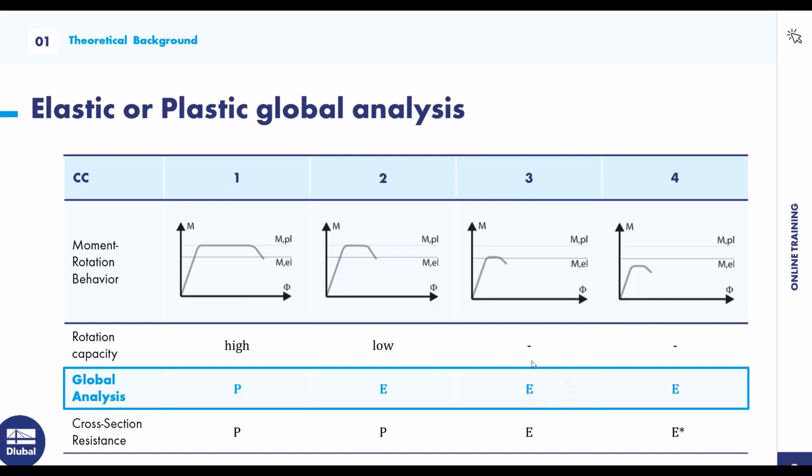Then cross-section classes 3 and 4 allow an elastic structure analysis, and the cross-sectional resistance can only be applied elastically. For cross-section class 4, only a reduced cross-section resistance, the effective cross-section.